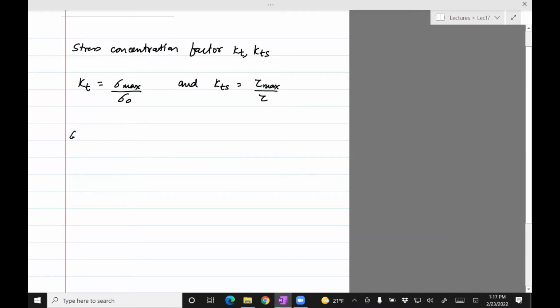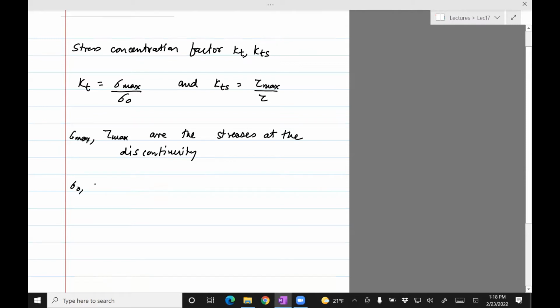Sigma max and tau max are the stresses at the discontinuity, which is typically measured, right? You use a strain gauge to measure them.